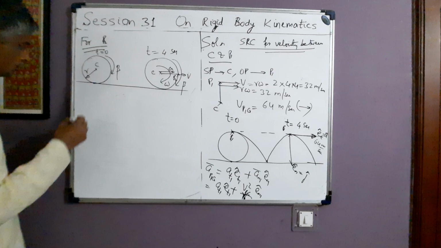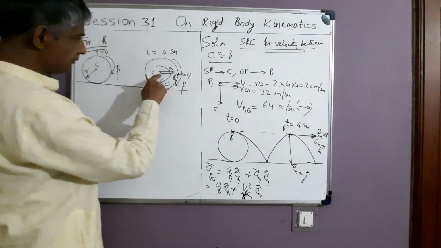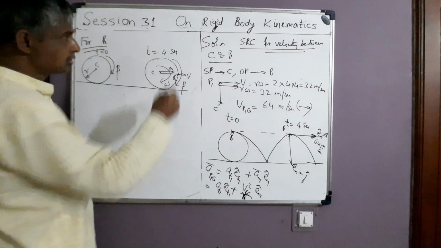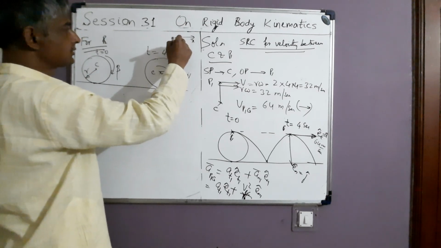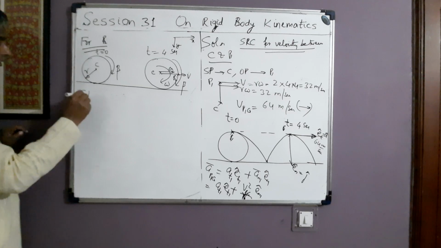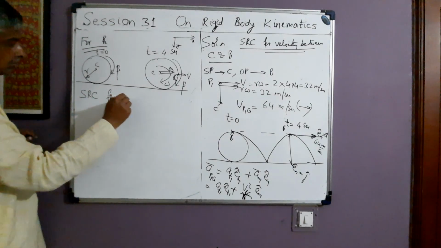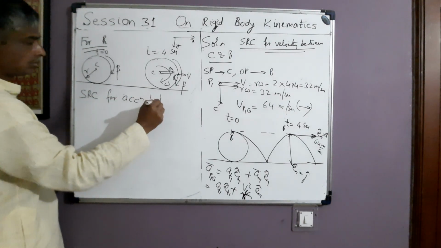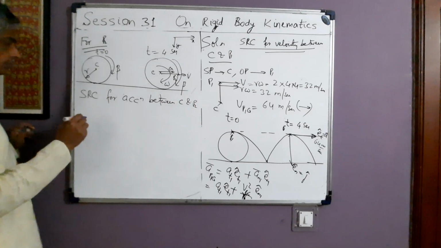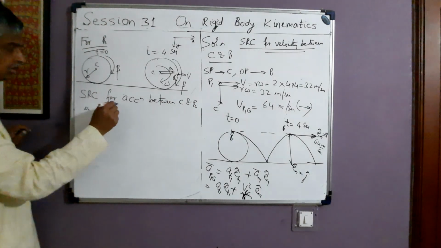Okay. So what I do first, we'll again apply SRC between C and P2 and find the acceleration of P2. The x and y axis coordinate system is as shown here. Alright, fine. So SRC for acceleration between C and P2 in G frame, G meaning ground frame.